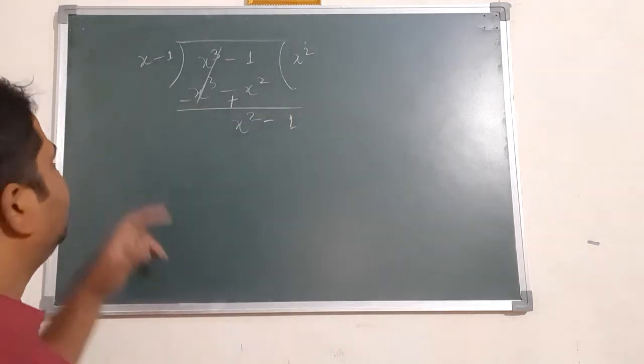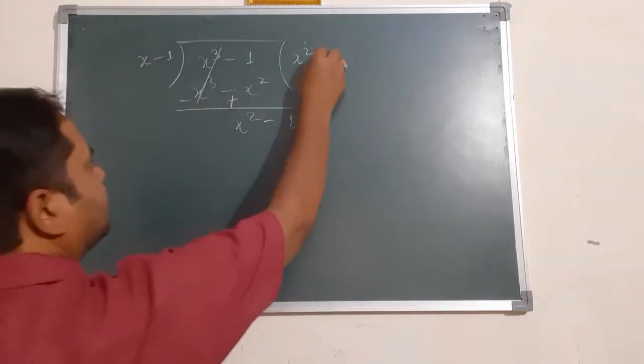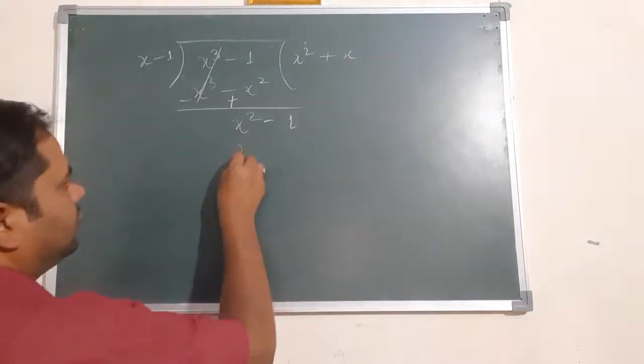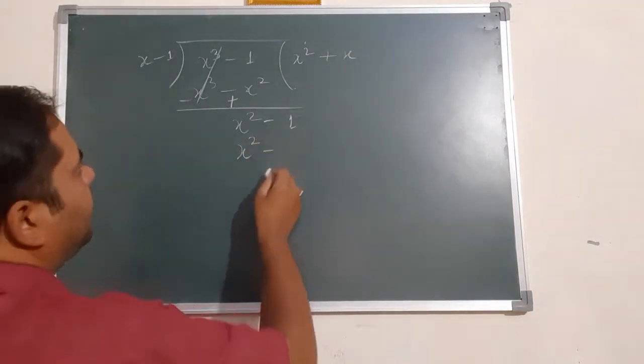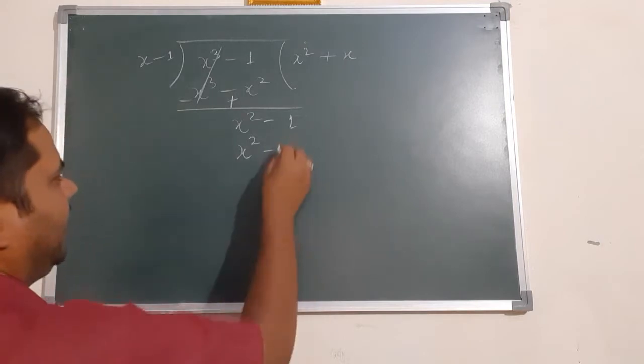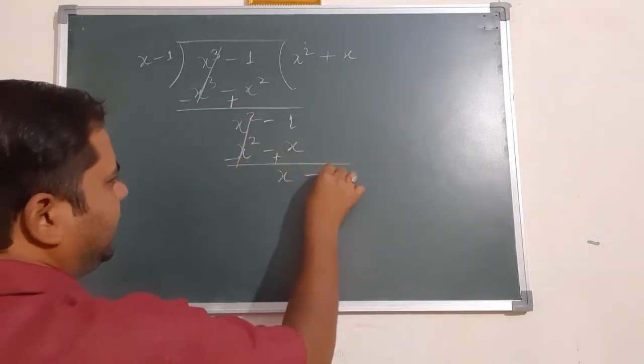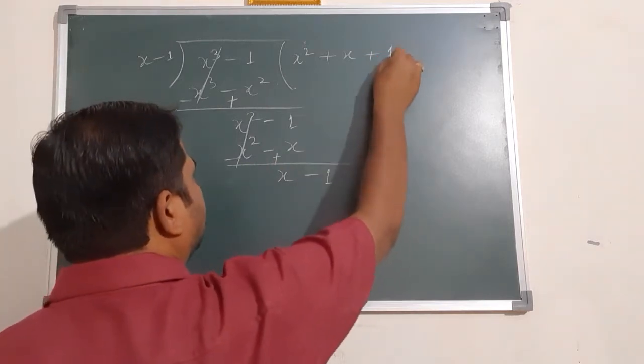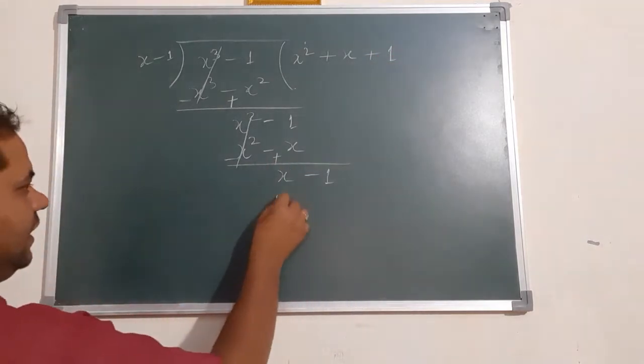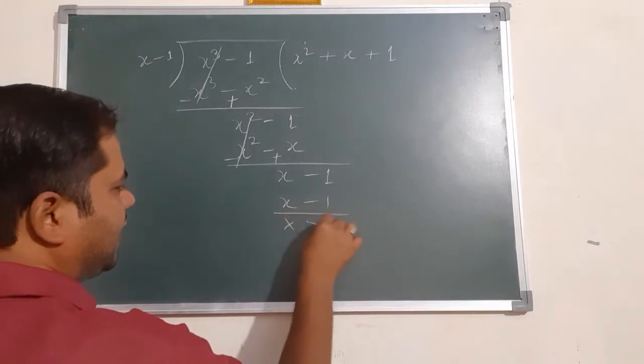Again we divide by x, so x square. Minus of x is cancelled out, plus x minus 1, and now we divide by 1, then x minus 1 is cancelled out.